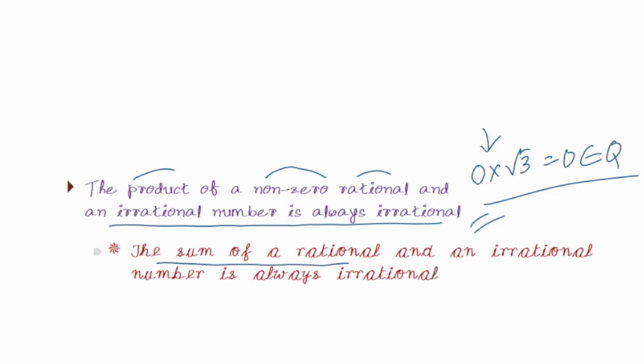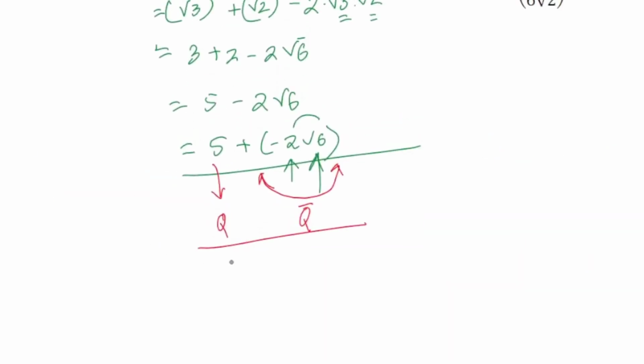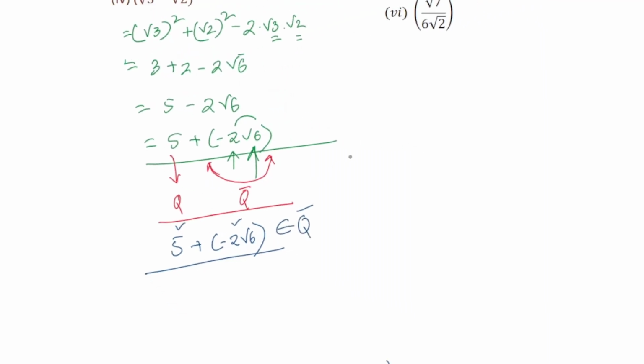Also, the sum of a rational and irrational number is always irrational. For example, we got this one, 5 plus minus 2 root 6. This is the sum of a rational and an irrational number, so this is an irrational number.